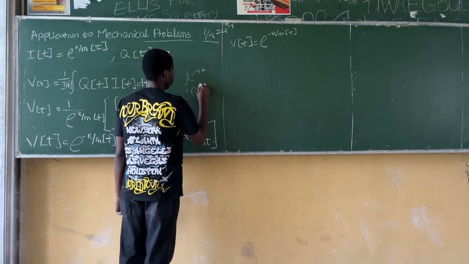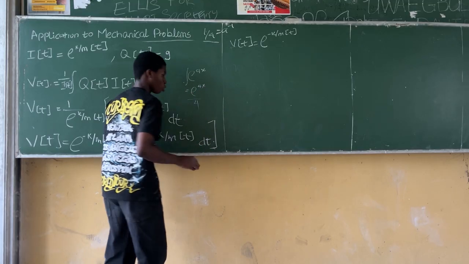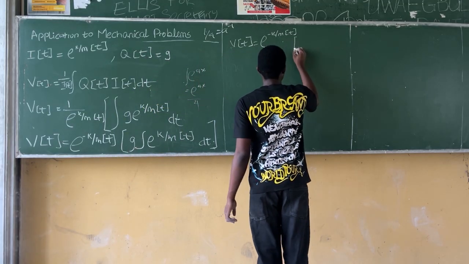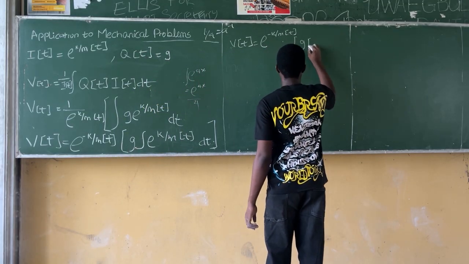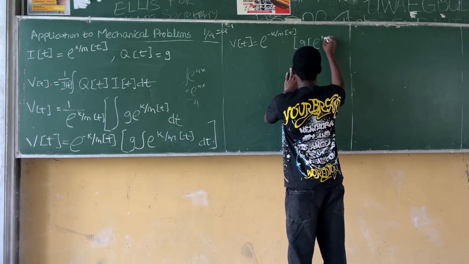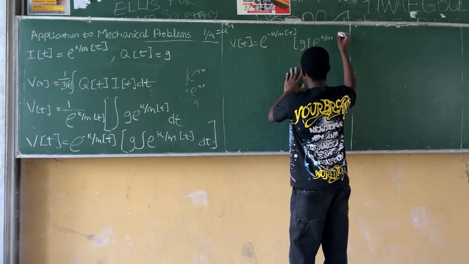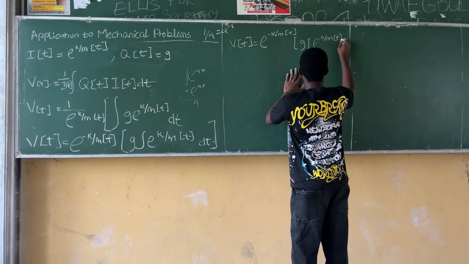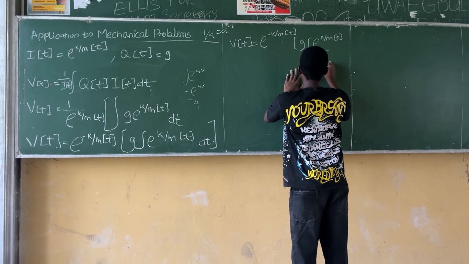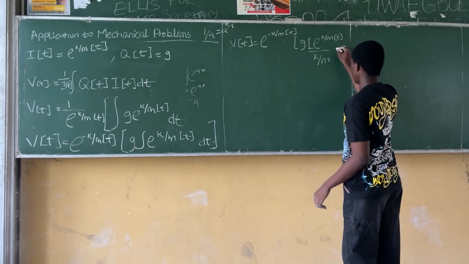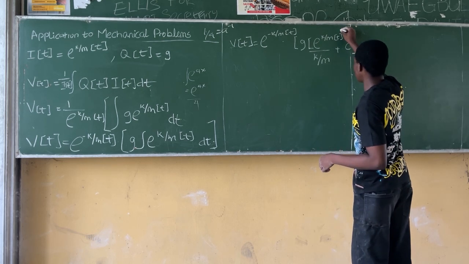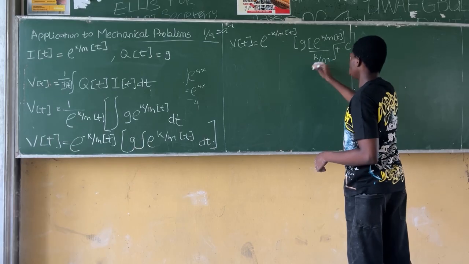It's e to the 4x divided by 4. So that is the idea we are working with. So it will be g multiplied by e to the k over m t multiplied by m over k plus c. Noting that they are separate.